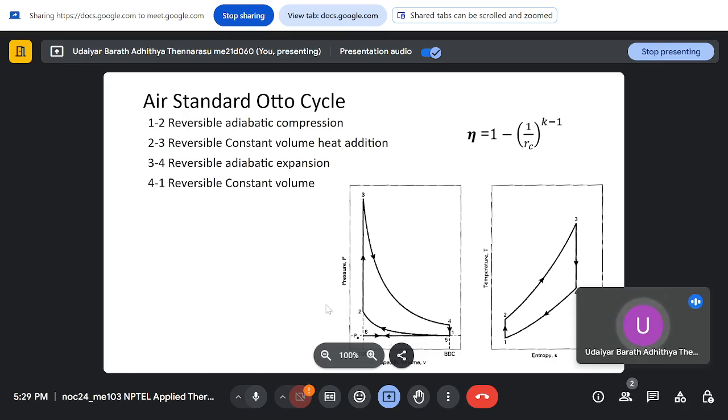The efficiency for the Otto cycle is 1 minus 1 by the compression ratio raised to the power gamma minus 1. So your Otto cycle has 2 constant volume processes.